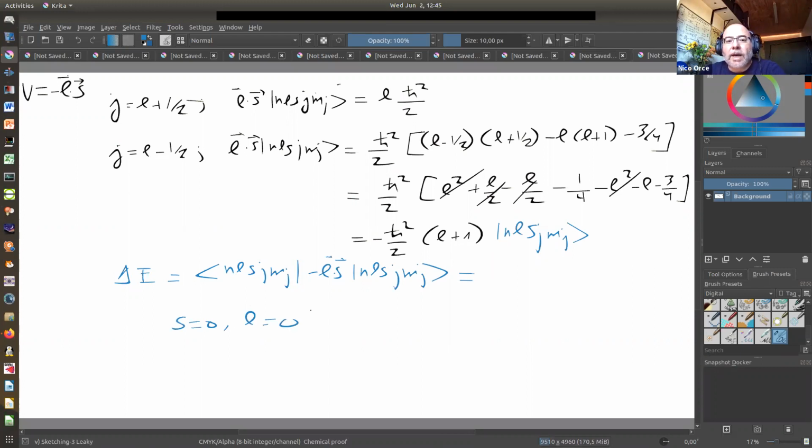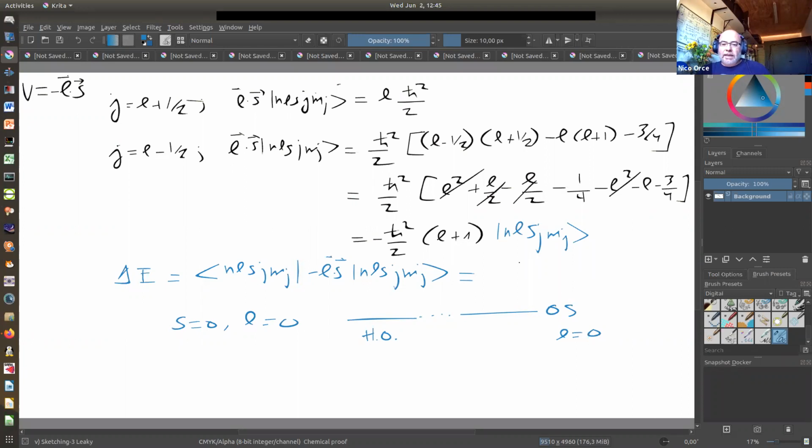We have only the top possibility, l equal to 0 here. So j is equal to 1/2. So our state from the harmonic oscillator doesn't change anything at all. So this will be the 0s. For l equal to 0, there's no change in the energy.